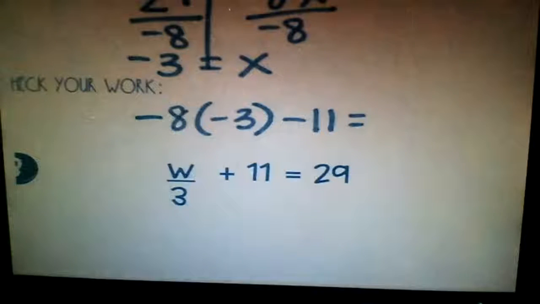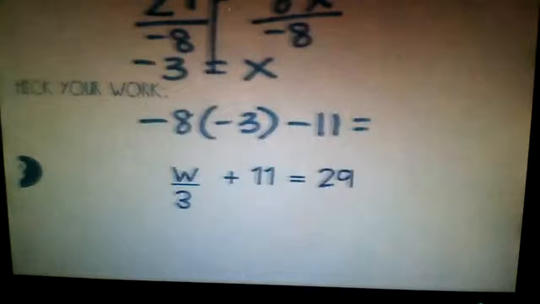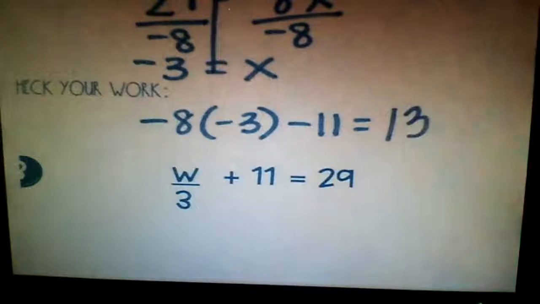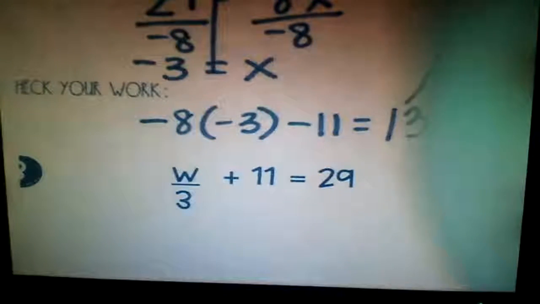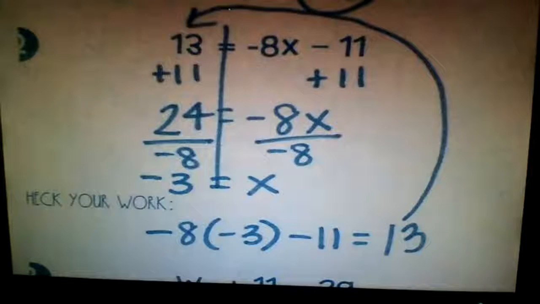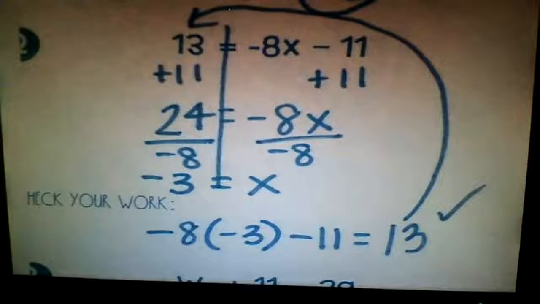So positive 24. Negative 8 times negative 3 is a positive 24. And 24 minus 11 is 13. This matches this. So that means, yes, my answer is correct.